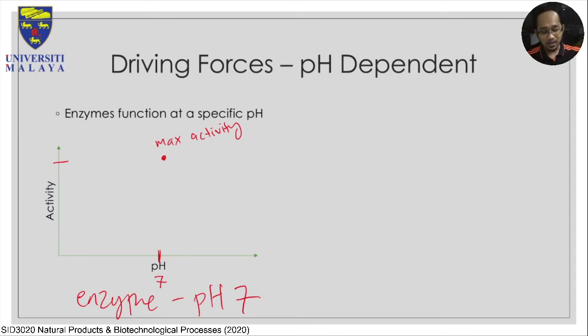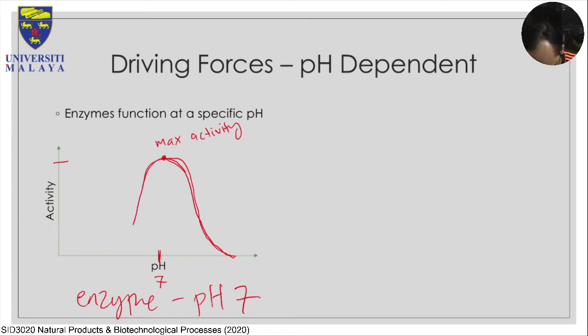If you go to a higher pH, the activity will gradually go down until at one point the activity might be 0, because the enzyme has started to denature. A denatured enzyme will have no activity at all. My curve is a bit off. When you go to a lower pH, to the other extreme end, the same thing happens.